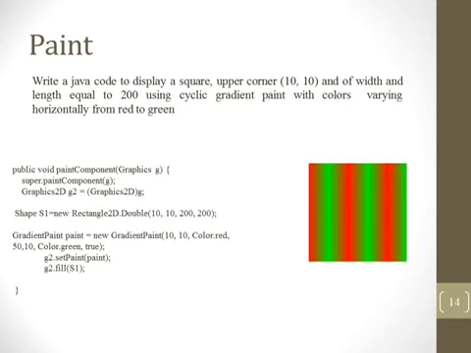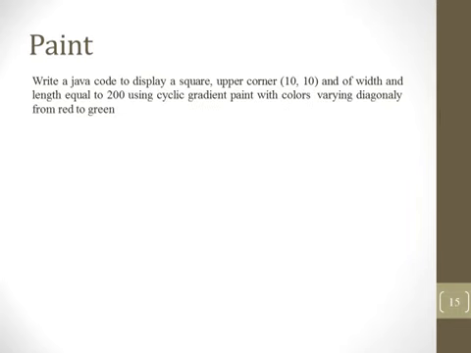In this example, this is the output of the code. As we saw before, this program draws 3 visual objects in the paintComponent method. The top rectangle is drawn with the cyclic gradient paint that specifies a gradual change of color from white to gray.